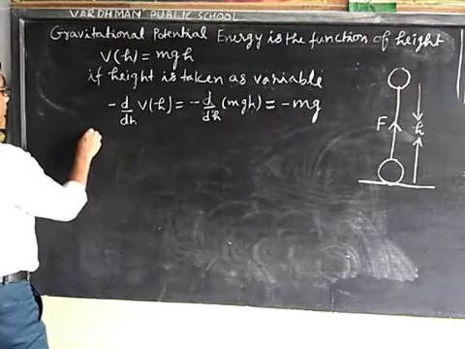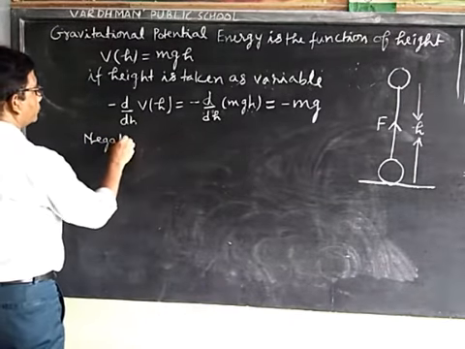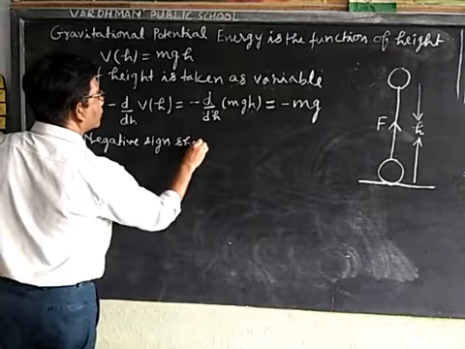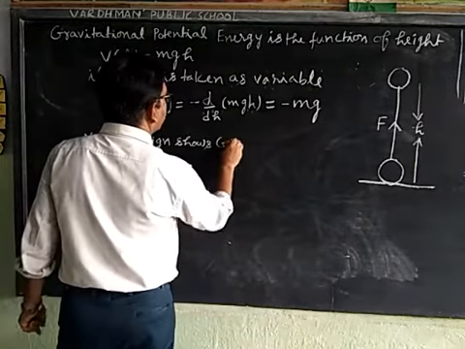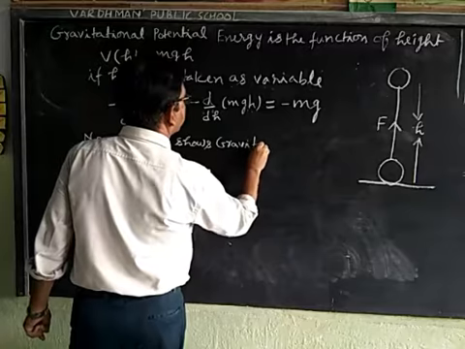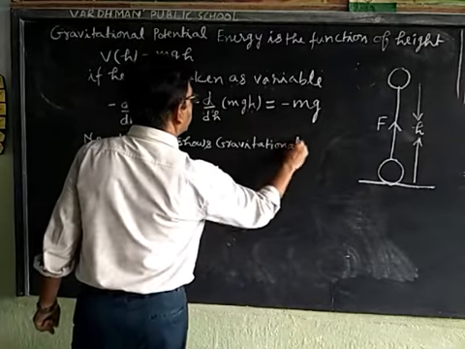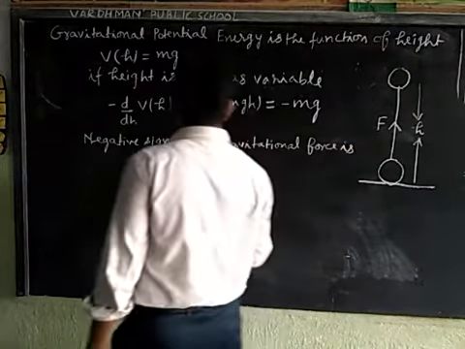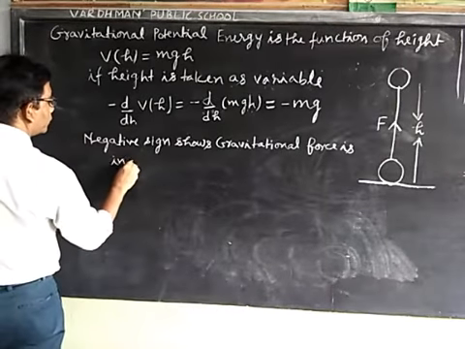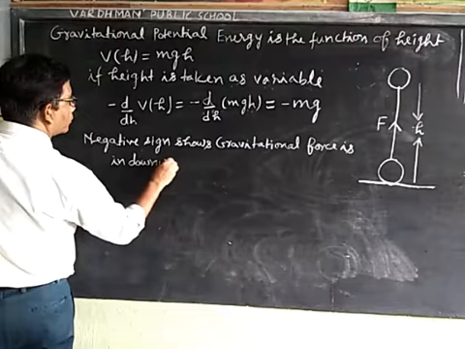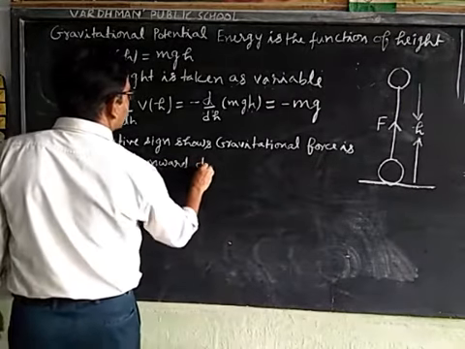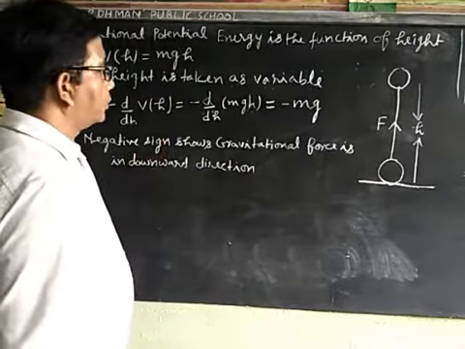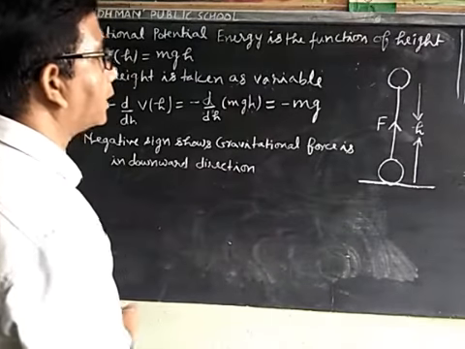What does the negative sign show here? The negative sign shows that the gravitational force is in the downward direction.